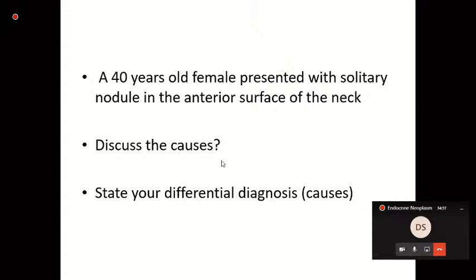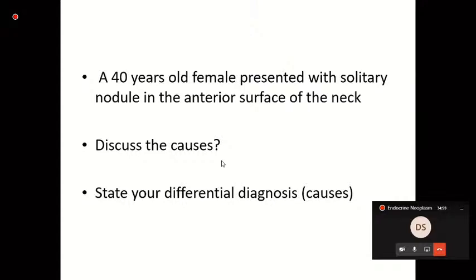How do we differentiate between a nodule from the thyroid or from other parts?